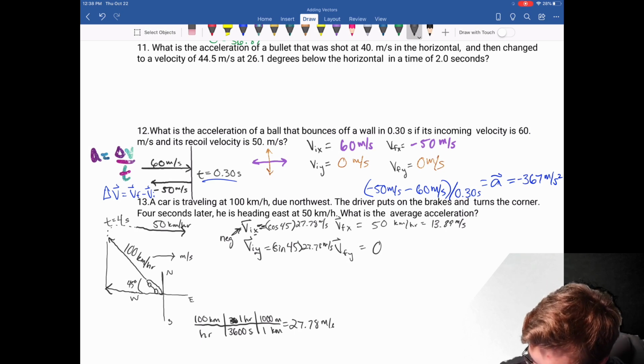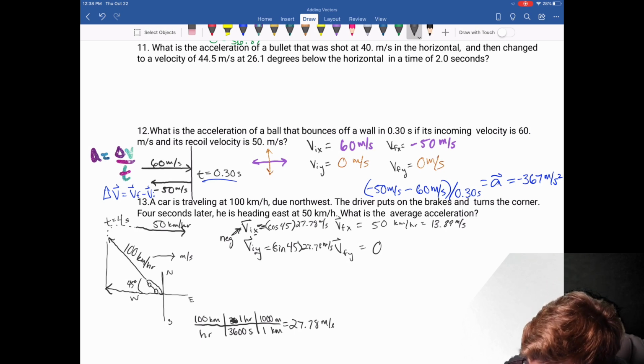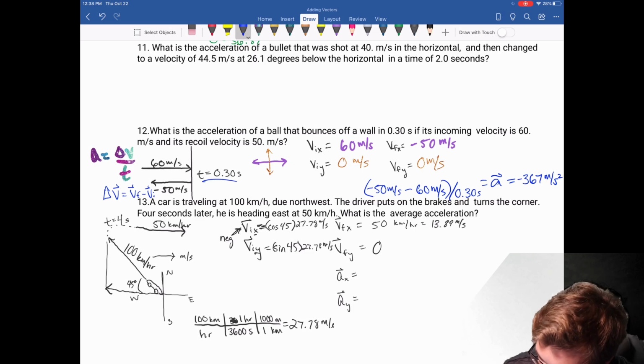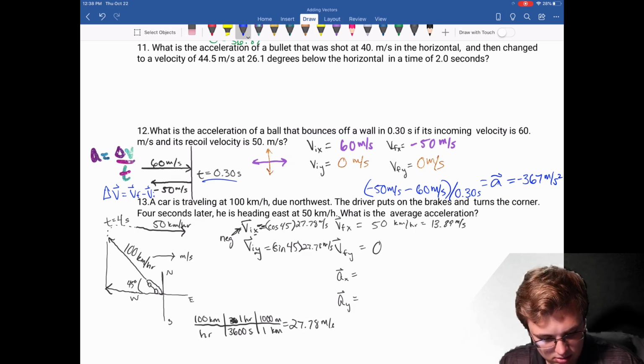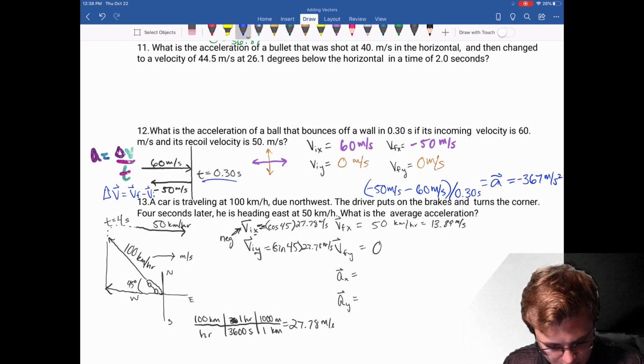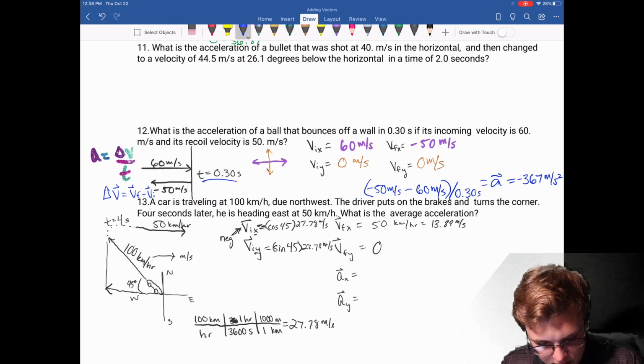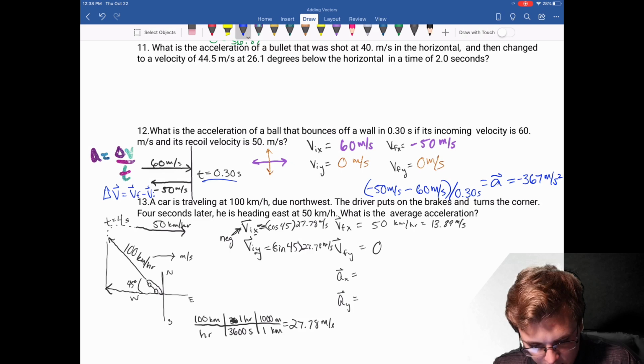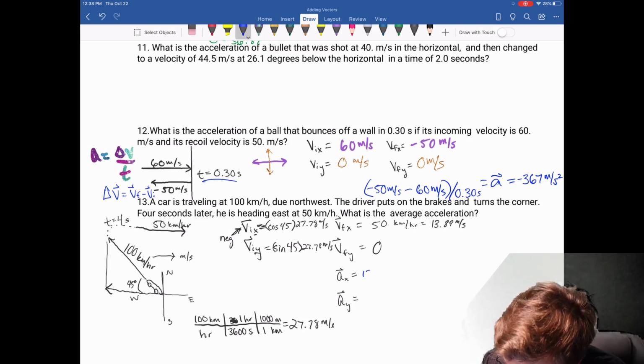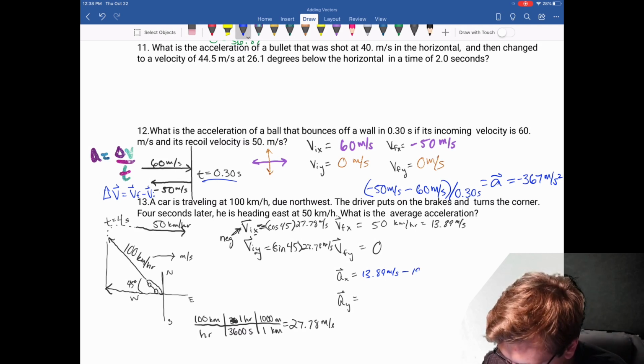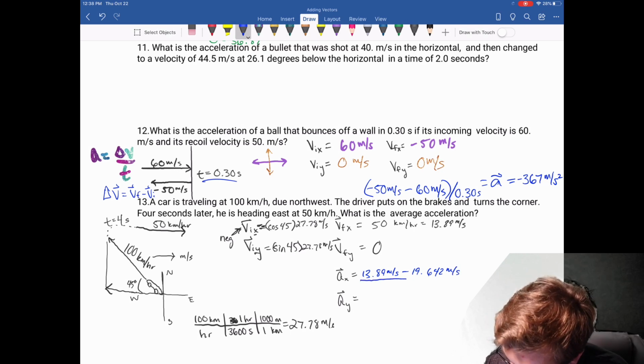So now we take that same formula, we find our ax and we find our ay, plugging them in there. We get cosine of 45 times that, we have our final velocity of 13.89 meters per second minus 19.642 meters per second, all divided by 4 seconds.